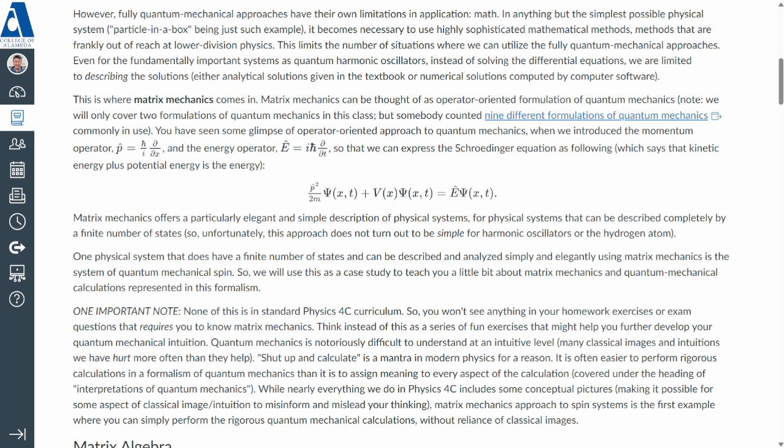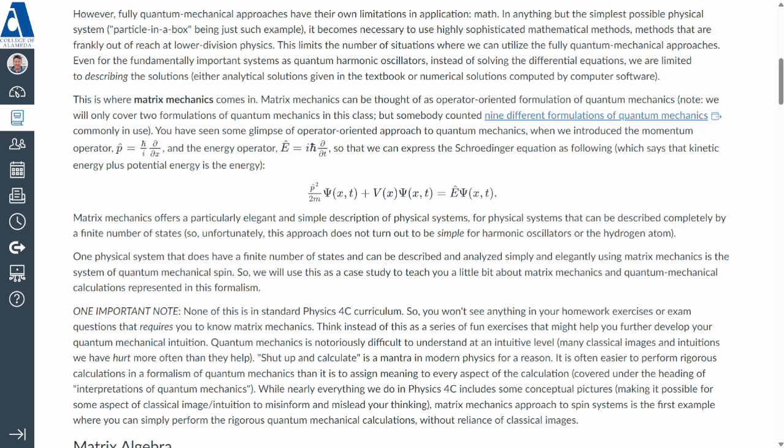Matrix mechanics offers a particularly elegant and simple description of physical systems that can be described completely by a finite number of states. Unfortunately, this approach does not turn out to be simple for harmonic oscillators or the hydrogen atom.